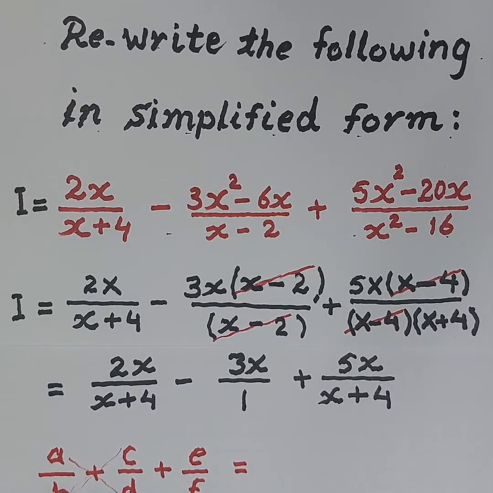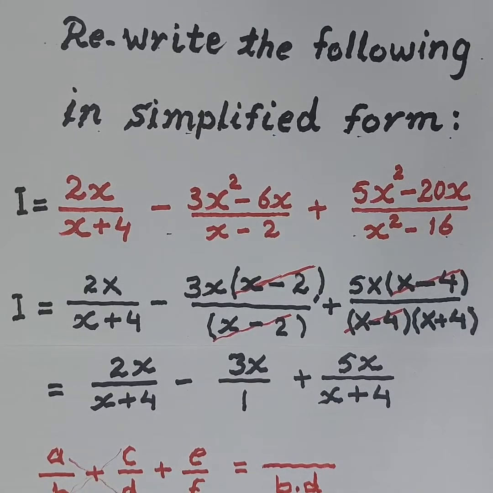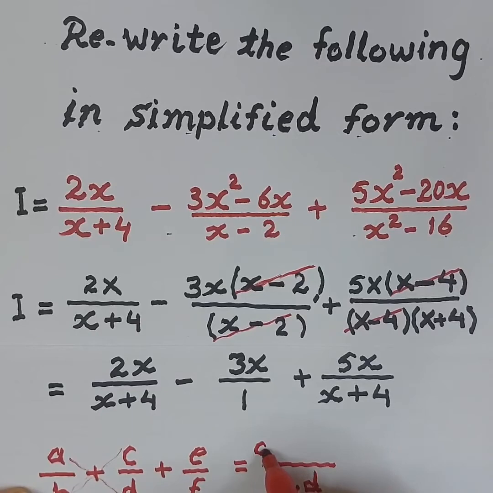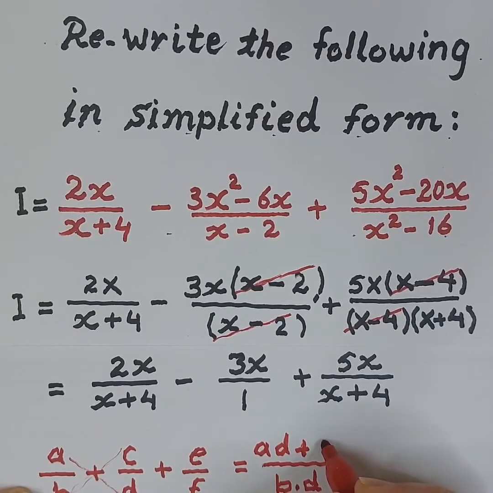The first two we can write as bd, that means b multiplied by d, then a multiplied by d plus c multiplied by b.